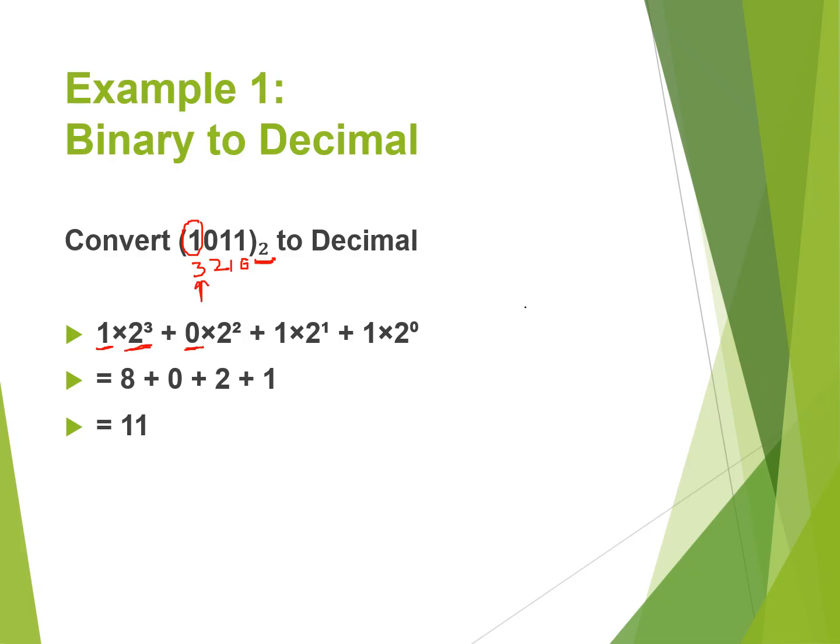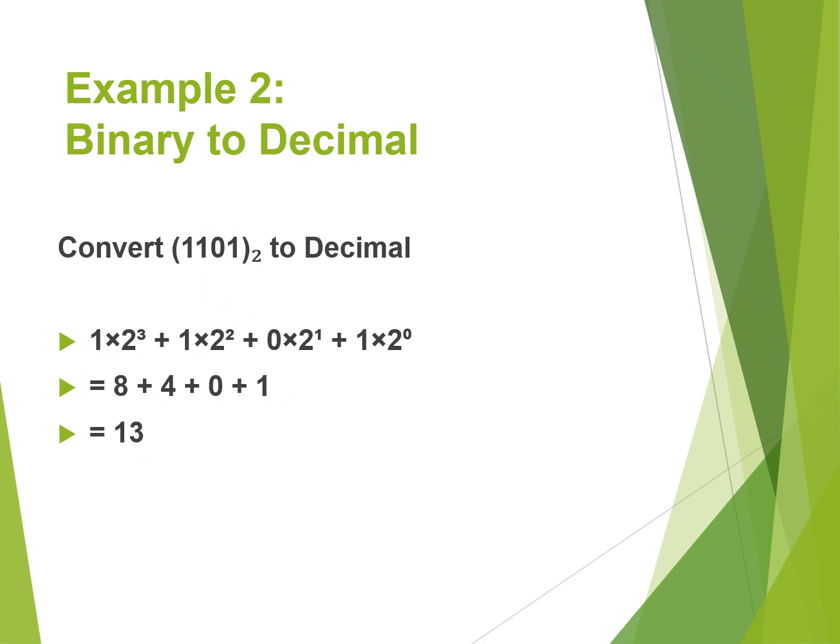Digit 0, multiply by 2 to the power 2. Digit 1, again multiply by 2 to the power 1. Digit 1, multiply by 2 to the power 0. After solving, I get 8, 0, 2, 1. Adding all 4 gives me the number 11. So the decimal number for this binary number is 11.